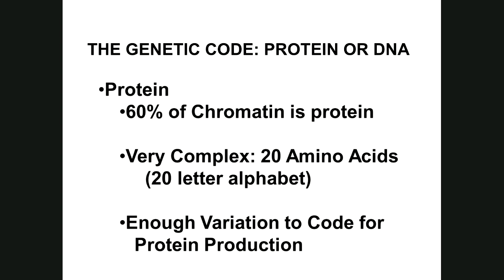There are 20 amino acids, so it had a 20-letter alphabet for coding for hereditary information, such as from bacteria to whales, grass, crickets, horses, humans. So there was enough variation to code for protein production, but scientists just can't say that, they have to prove it.